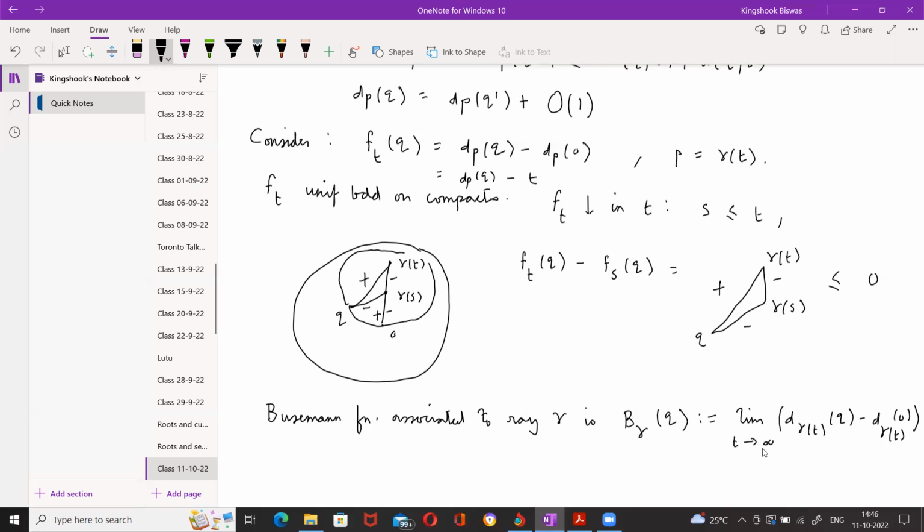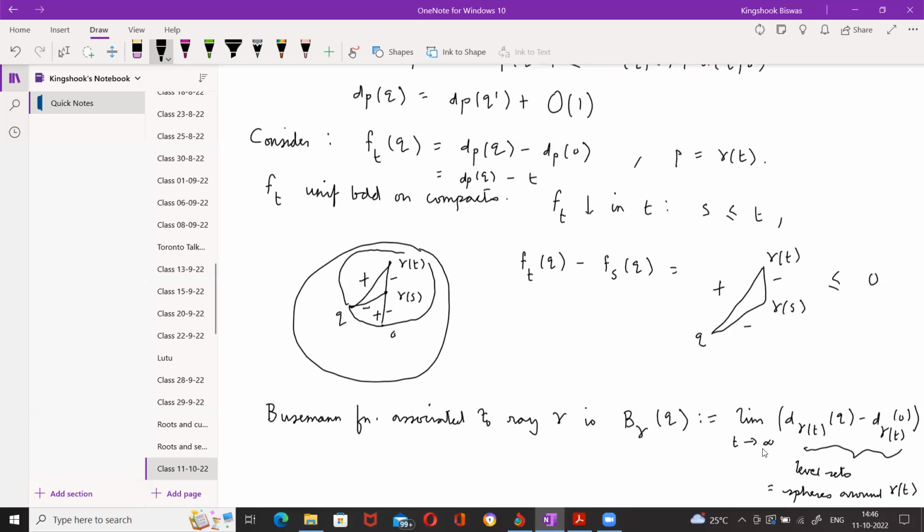So they have the same level sets. So the level sets of this function are spheres around gamma t.